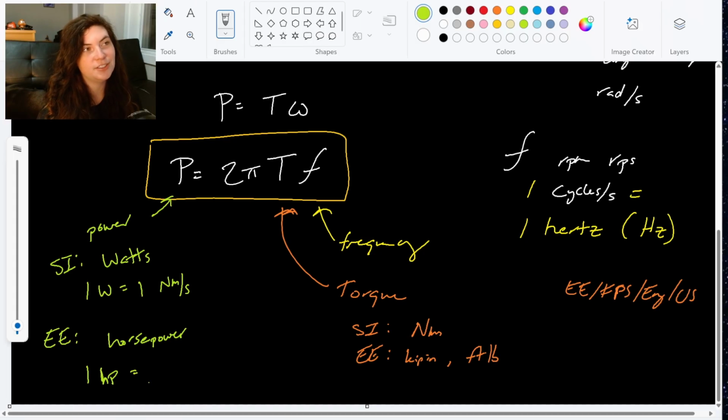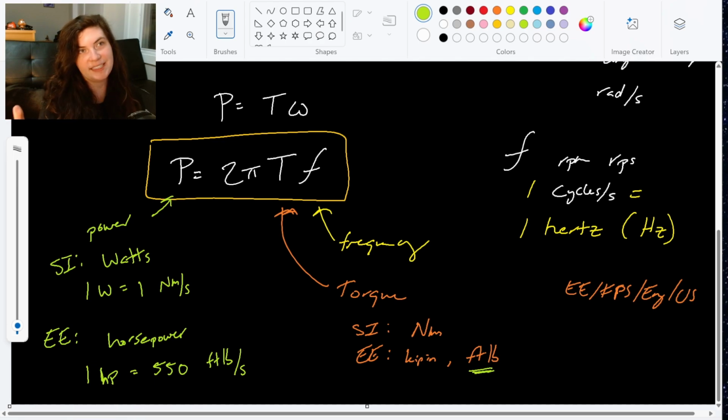But you can write it uppercase. 1 HP, 1 horsepower, is 550 foot-pounds per second, where we have to use this foot-pound torque, and then again, that per second is coming from our frequency term. So if you want to convert between that torque frequency calculation and horsepower, which is the standard English unit of power, it's 550 foot-pounds per second.